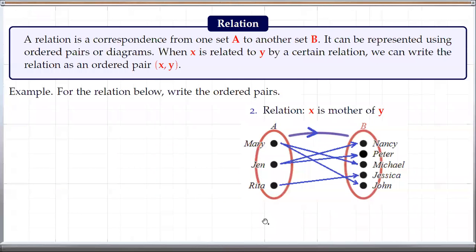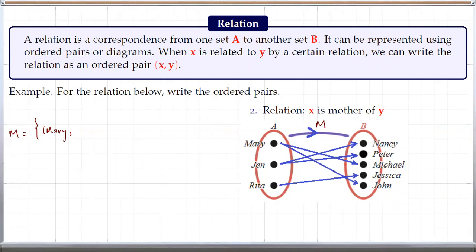We have the next example here. Here the relation is being a mother. X is a mother of Y, or an element of A is a mother of an element in B. So if we denote this relation by M, we can again list the ordered pairs in the relation M. So the first one will be Mary.